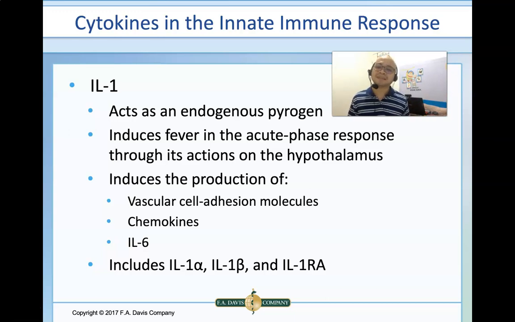It induces the production of vascular cell adhesion molecules and of other cytokines such as the chemokines and interleukin 6. Some examples of interleukin 1 are interleukin 1 alpha, interleukin 1 beta, and interleukin 1 RA, or the receptor antagonist.